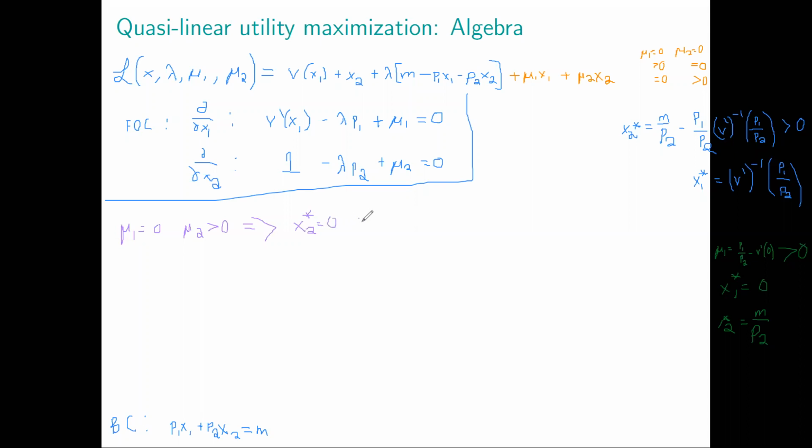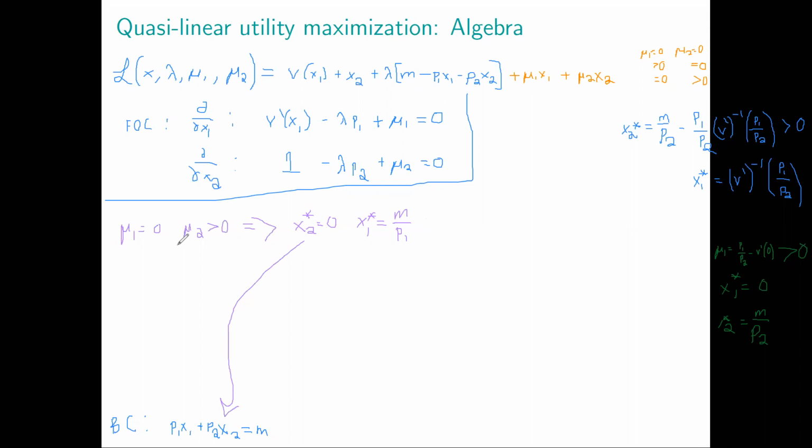And again, plugging this into the budget constraint, we get that x1 star is equal to m over p1. So we're going to just spend all of our income on good 1.